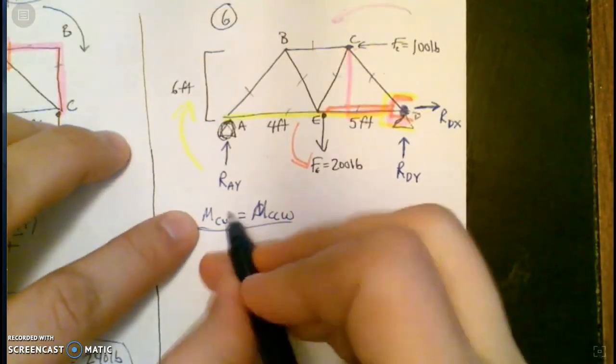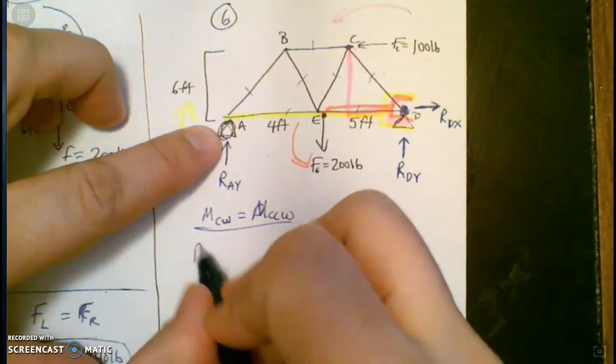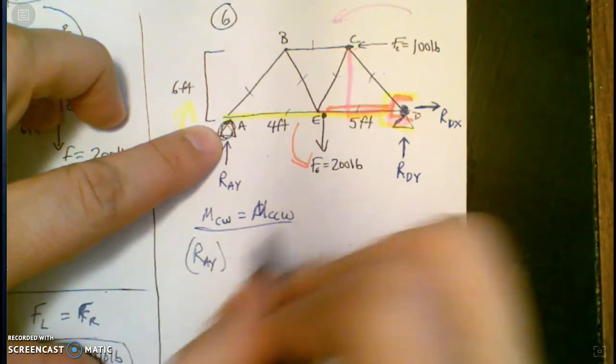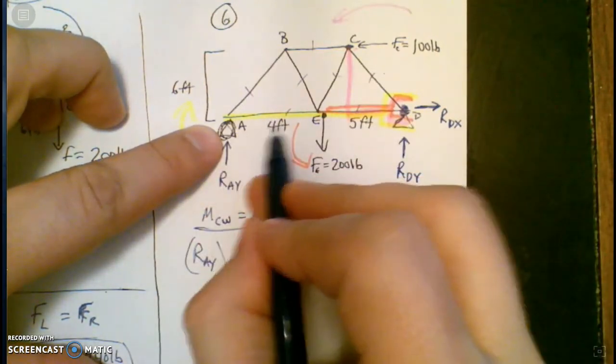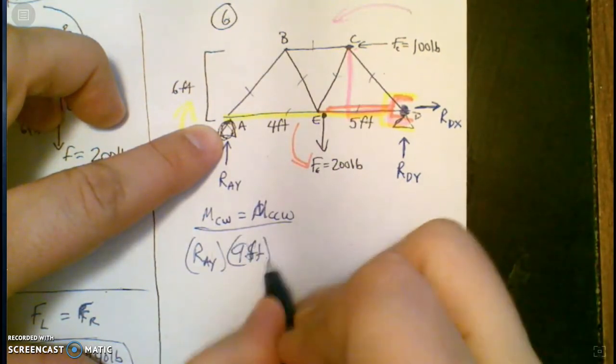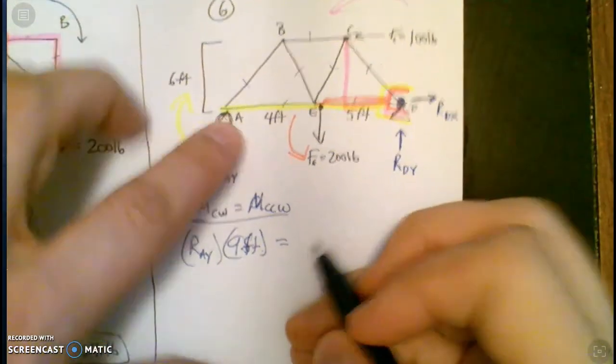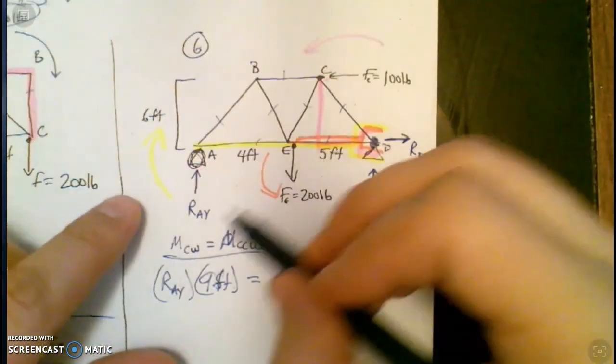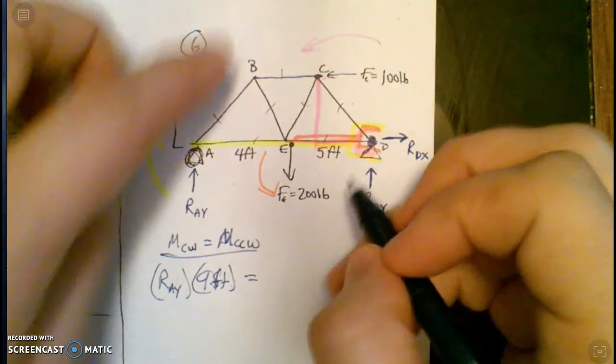So you have to be careful when you set this up that you know RAY times its distance, which is 4 feet and 5 feet. Oops, 9 feet. RAY times 9 feet equals the other 2 added up, because this one force is fighting both those down forces.